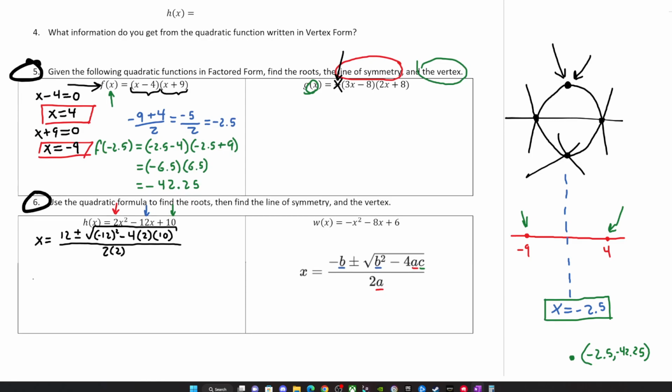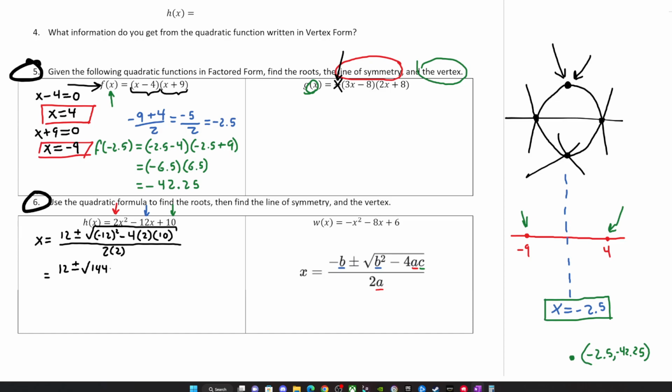Now it's just a matter of simplifying this whole thing. So this will be equal to 12 plus or minus the square root of 12 squared, which is positive 144, because technically you'll be squaring negative 12, negative 12 times negative 12, which is positive 144.